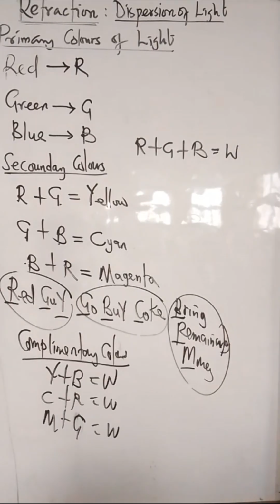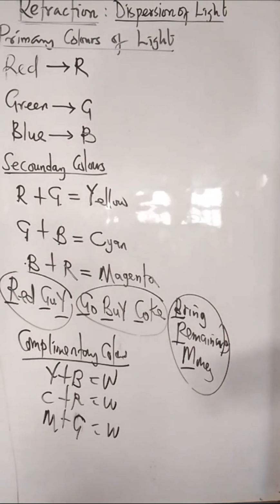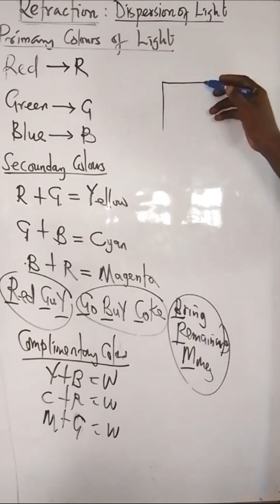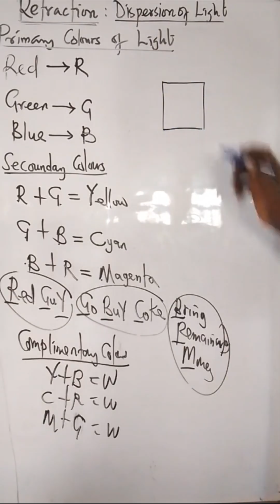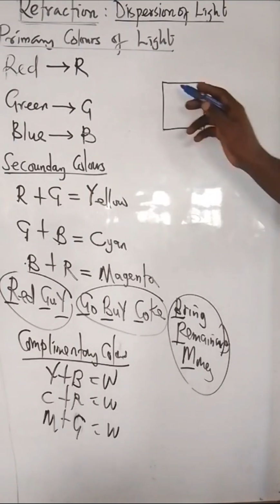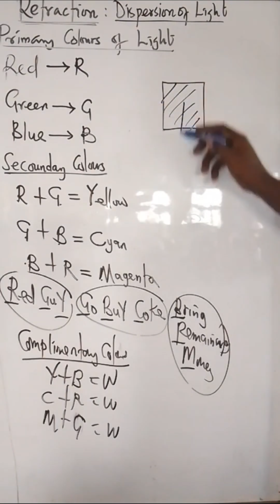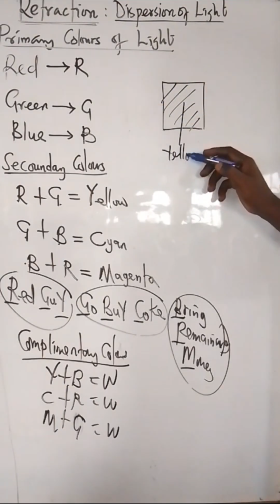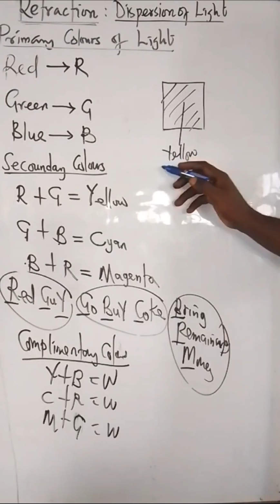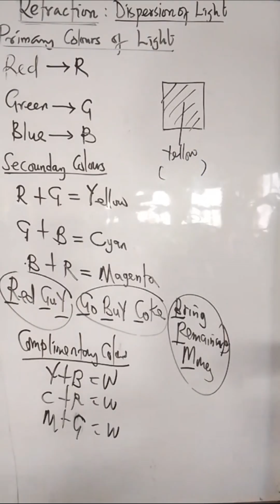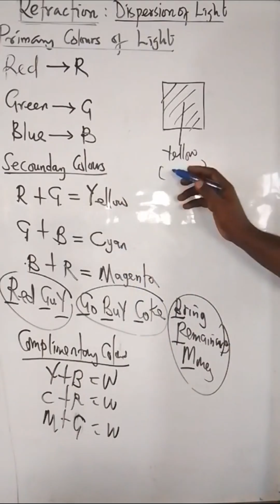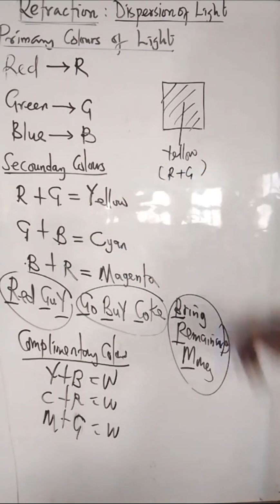Remember, I told you earlier at the beginning of the lecture that opaque objects are seen from the light they reflect. For example, let's suppose I have a particular object, let's say cardboard, and this cardboard is yellow. If this cardboard is yellow, it means it has two spectra. What are they? It has red and green.